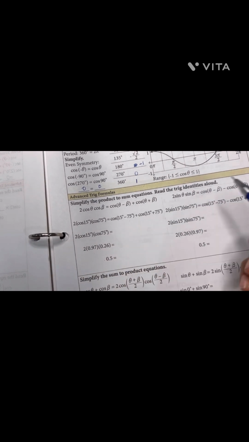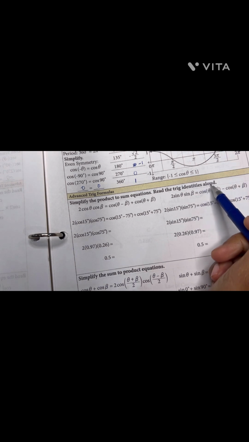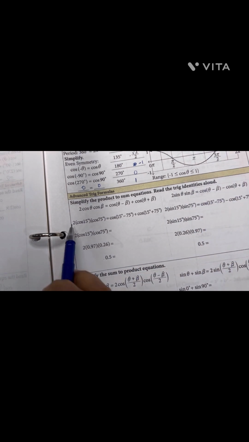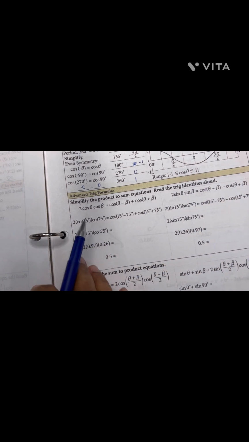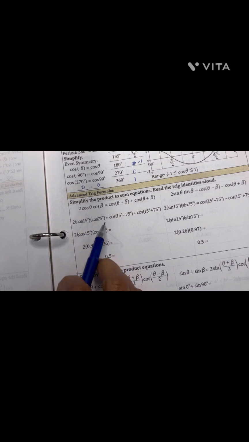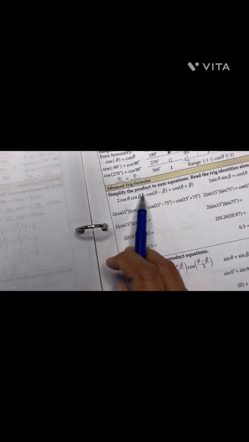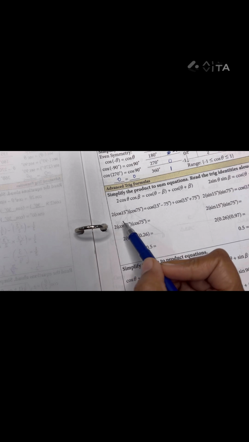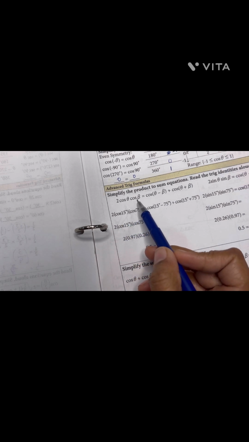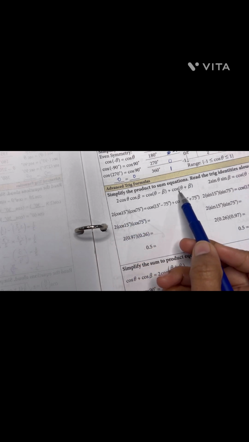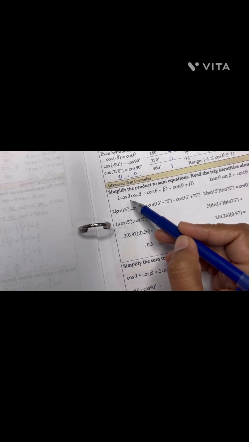Simplify the product to some equation. Read the trigonometric identities aloud. Again, they have given us a bunch of equations. We're going to substitute for theta and beta. Theta is 15, beta is 75. So 2 cos theta times cos beta equals cos of theta minus beta plus cos of theta plus beta. And then they've just substituted. Wherever you see theta, put 15.